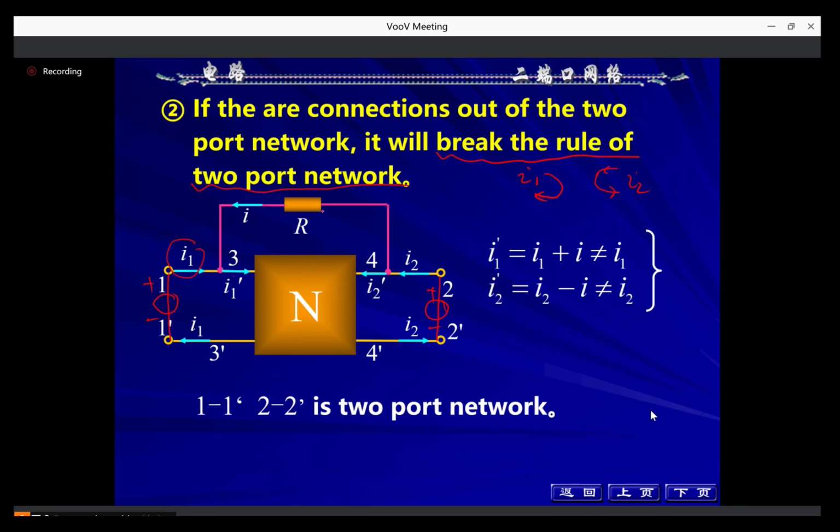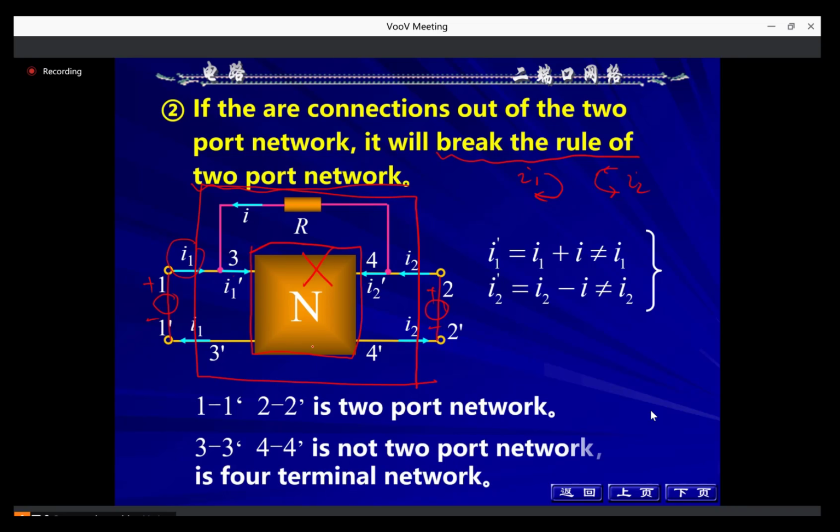So when you add a connection outside the two-port network, the total part is still a two-port network, but the inside part is not a two-port network. The inside is a common four-terminal network. This is a difference.